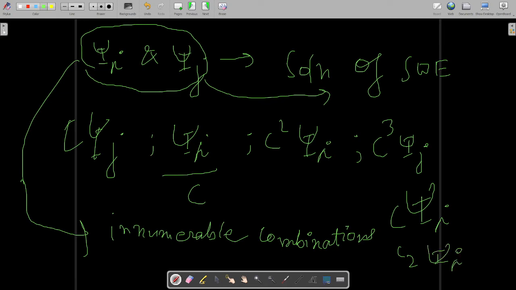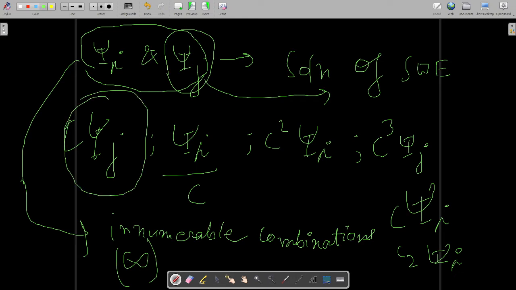Okay, so there are innumerable, meaning infinite, such combinations possible, because I already told you that multiplying or dividing by a constant does not make any difference. If psi j satisfies the Schrodinger wave equation, then c psi j will also satisfy the Schrodinger wave equation.